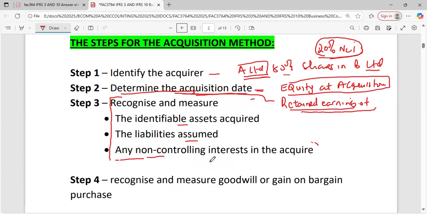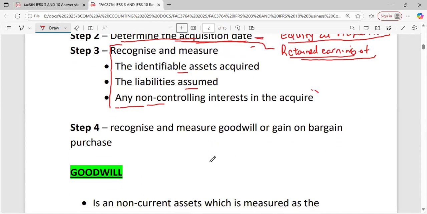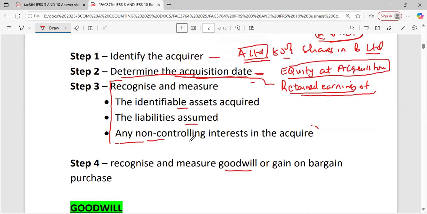Right, then we also have a situation where we need to determine if there is goodwill or a gain on bargain purchase. So goodwill is like the good name of the company. When you buy a company, you may find that the value of the assets, these are the tangible assets, is less than the value of the business.